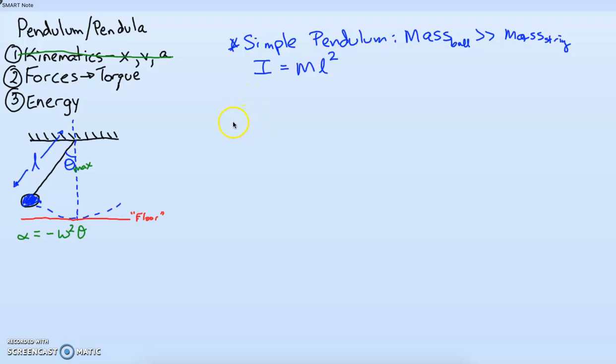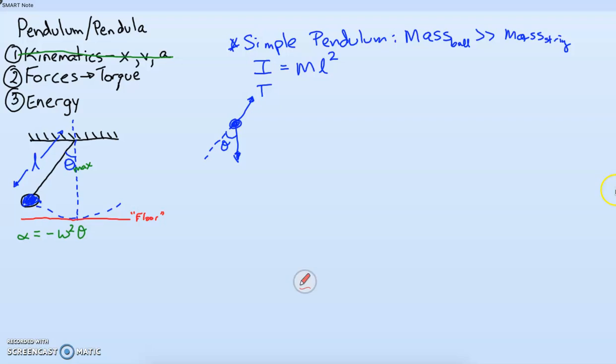Now let's draw a free body diagram of this guy. So we have our ball, and we have initially tension is at an angle, and the weight is straight down. Now let's extend this guy down here, and here's our theta.